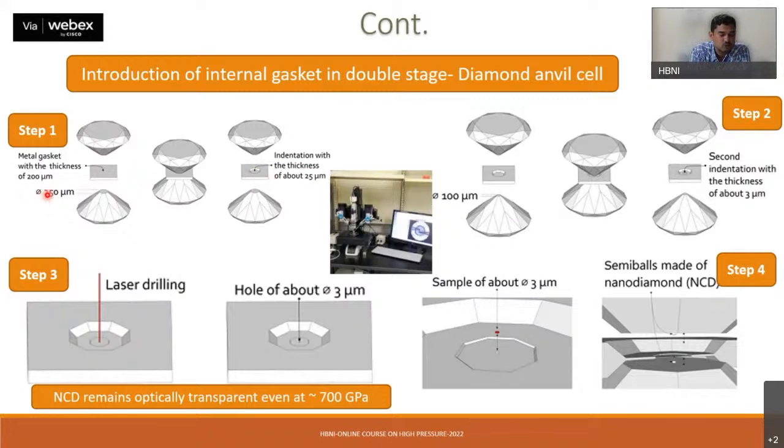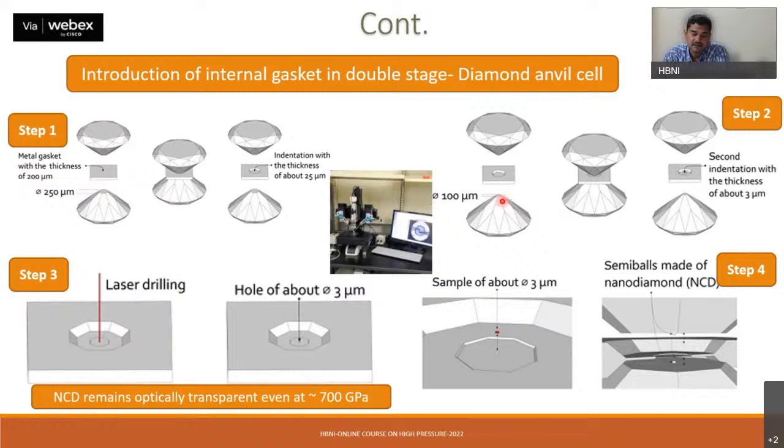So after the first step, the thickness of the indented gasket is 25 micron. Now they take this indented gasket of 25 micron thickness and use it in the second step with another anvil of 100 micron culet.